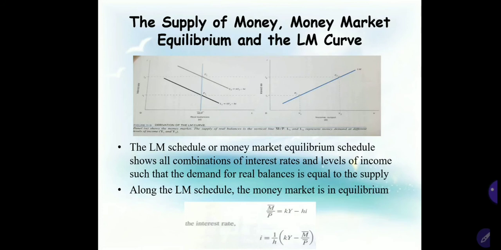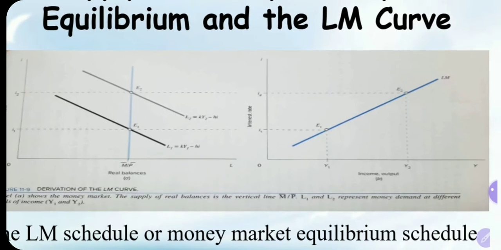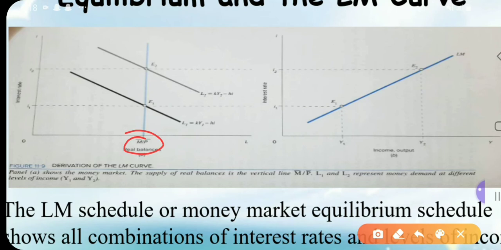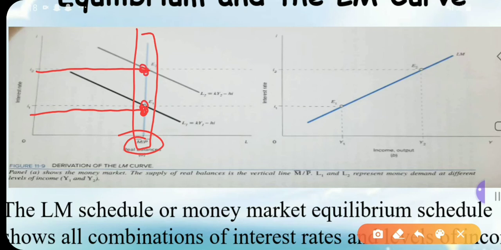The supply of money, market equilibrium, and the LM curve. So here is the figure. This is the real money supply at this level. It is vertical, and if the interest rate is here, the equilibrium will be here, and if it increases, let's say here, it will be here for L1, and this is the second liquidity.